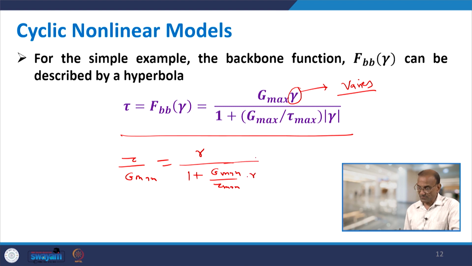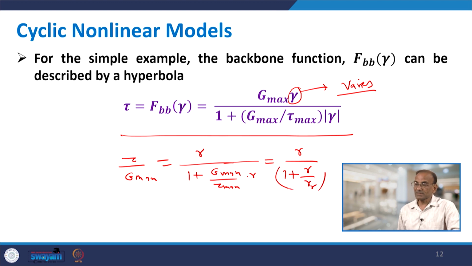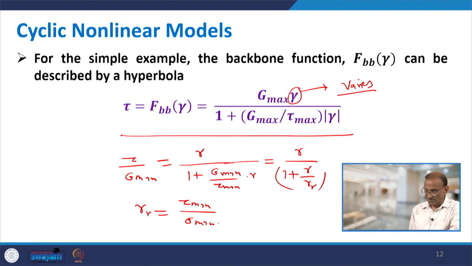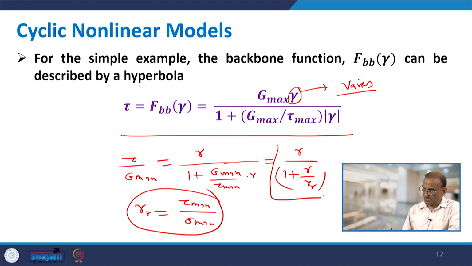This is further simplified to gamma divided by 1 plus gamma over gamma_r. What is gamma_r? Gamma_r is said to be the reference strain, which is tau_max divided by G_max. So these models become very simplified in this form.